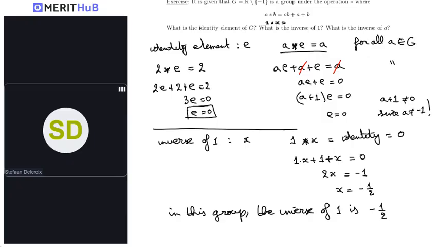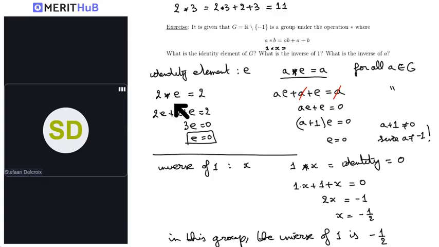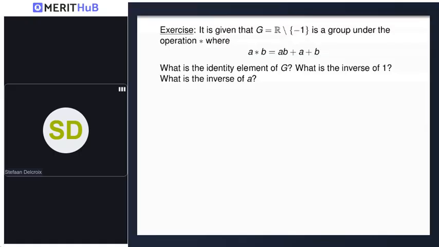The identity is that thing that doesn't do anything, so I just picked 2 here as an example, but you can pick whatever you want. 2 star e should be 2, solve for e, we got that e is 0. Inverse of 1, 1 star x should be the identity, which we figured out is 0. We end up that x is negative a half. So, very weird group here. Okay, so that was a group.